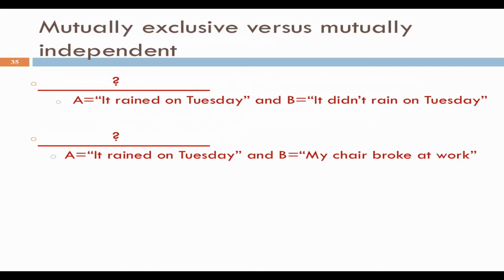We have two examples here, each with two events, and I want you to tell me whether the two events are mutually exclusive or independent. In the first example, event A is it rained on Tuesday, and event B is it didn't rain on Tuesday. What is the relationship between those two events?